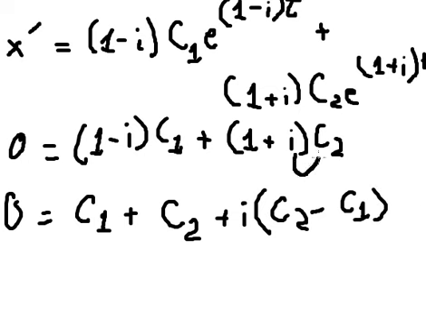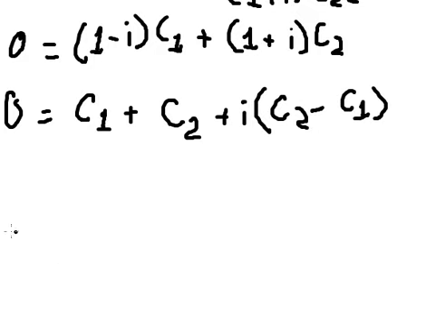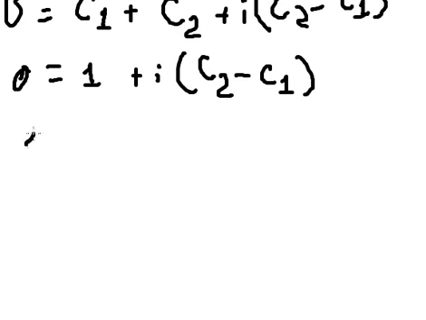So i, that is for c2, and negative i with c1, we have this one in here. So we know that c1 plus c2, that is 1. So I will put 1 go to the left, and then we divide both sides by i.